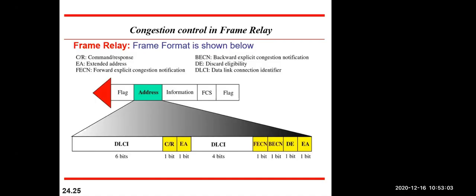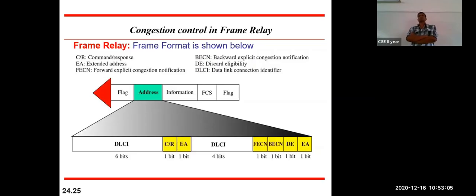Protocol field. Thank you, Manoj. Protocol field is the most important field. Control field in PPP is fixed, always 11000000. It is always a U frame, unnumbered frame. So in frame relay, the most important field is the address field, especially for congestion control.